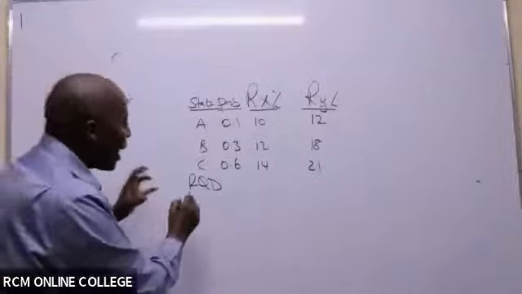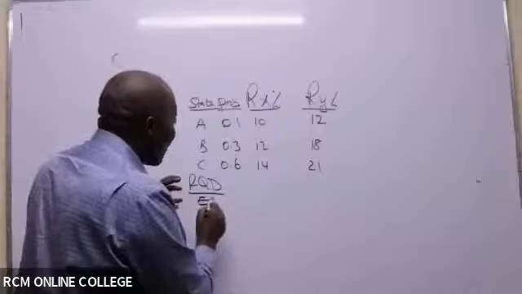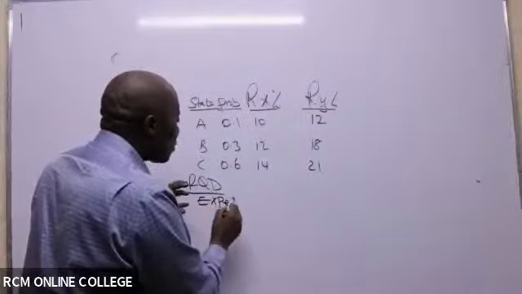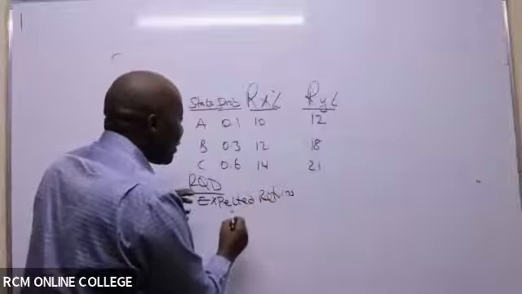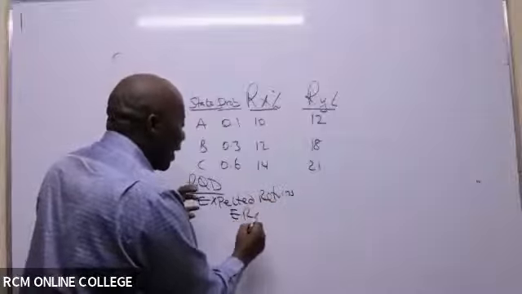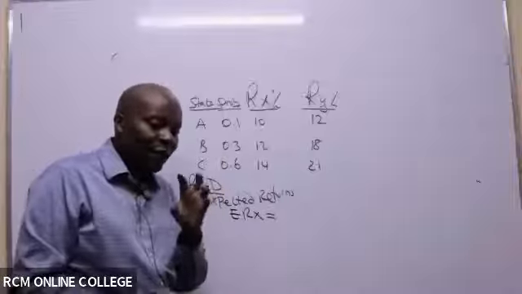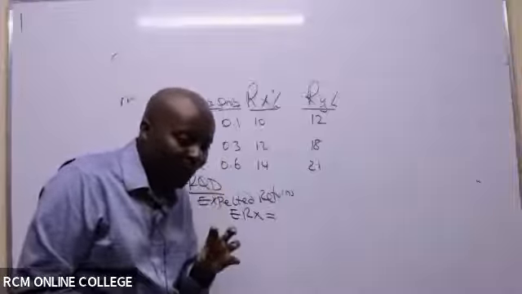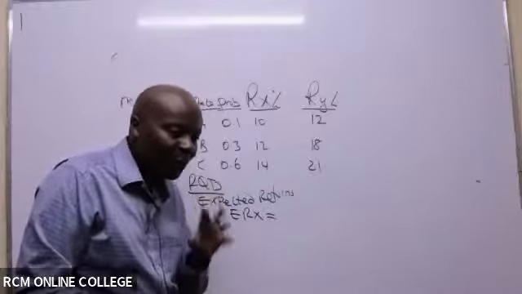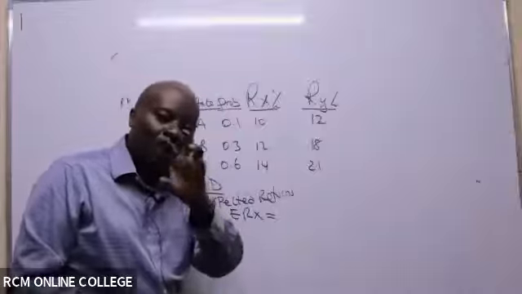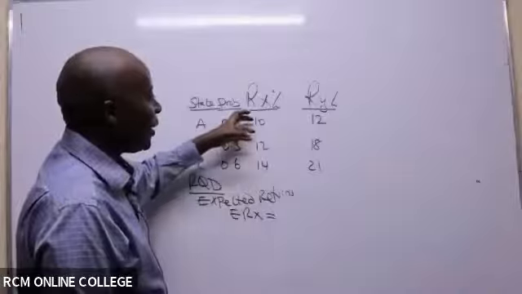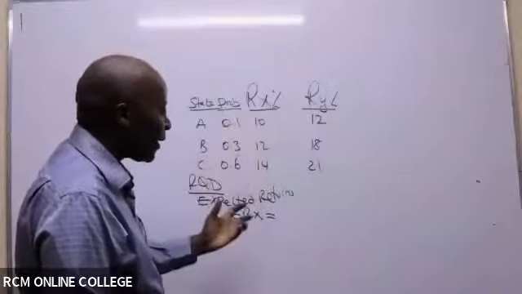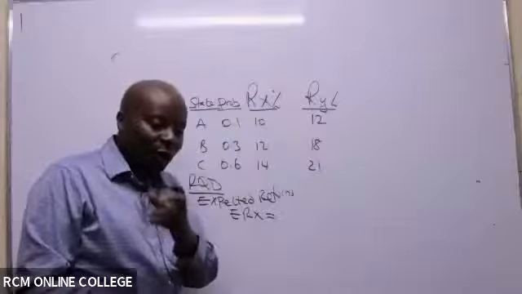So we are required very fast to ascertain what we call expected returns. I would want us to calculate ERX. Why are we calculating expected returns? It's because for our decision making, we can't afford to make decisions haphazardly. Returns are different, so we want to get the average.